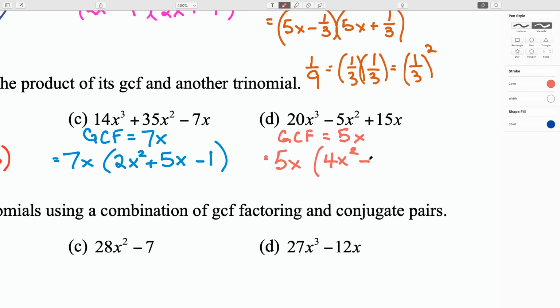Minus, how do I get minus 5x squared? What do I multiply 5x by? Well, I already have a 5. So that's 5 times 1. And I just need one more x. So it's a 1x, or just x, plus 5x times what will give me 15x? 5x times 3. And we're done.